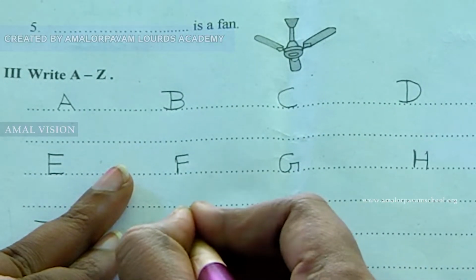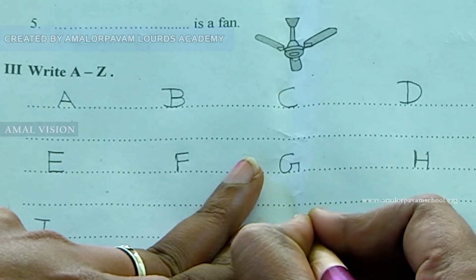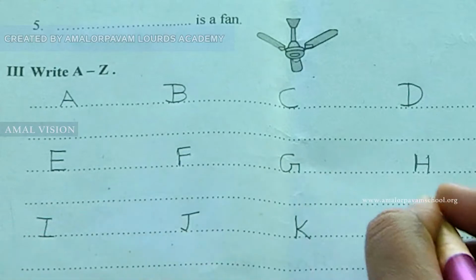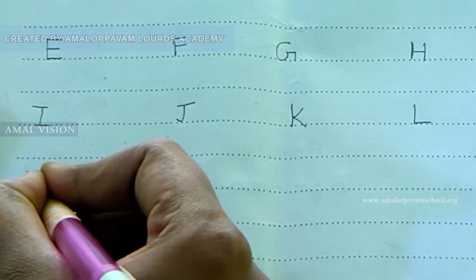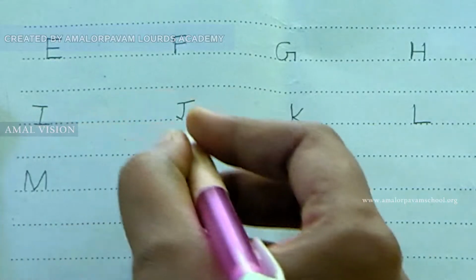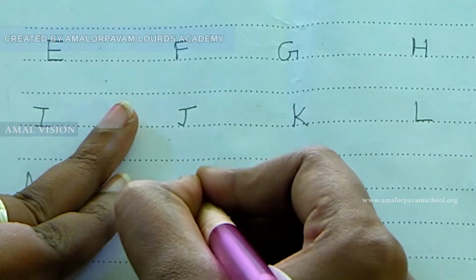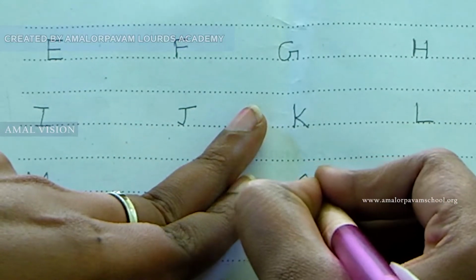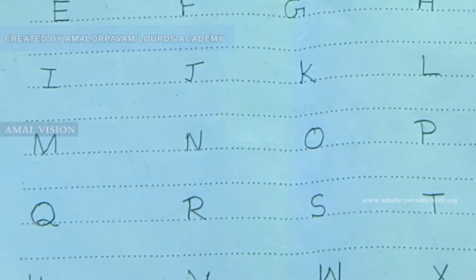J, K, L, then leave a line and write the letter M. 2 finger gap. N, O. The remaining exercise we will do in the Zoom class, children.